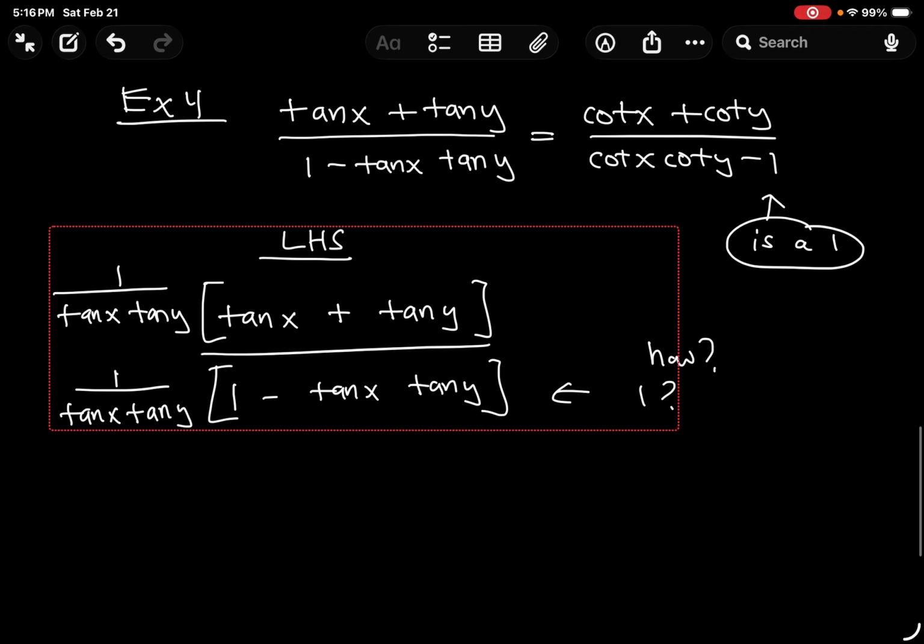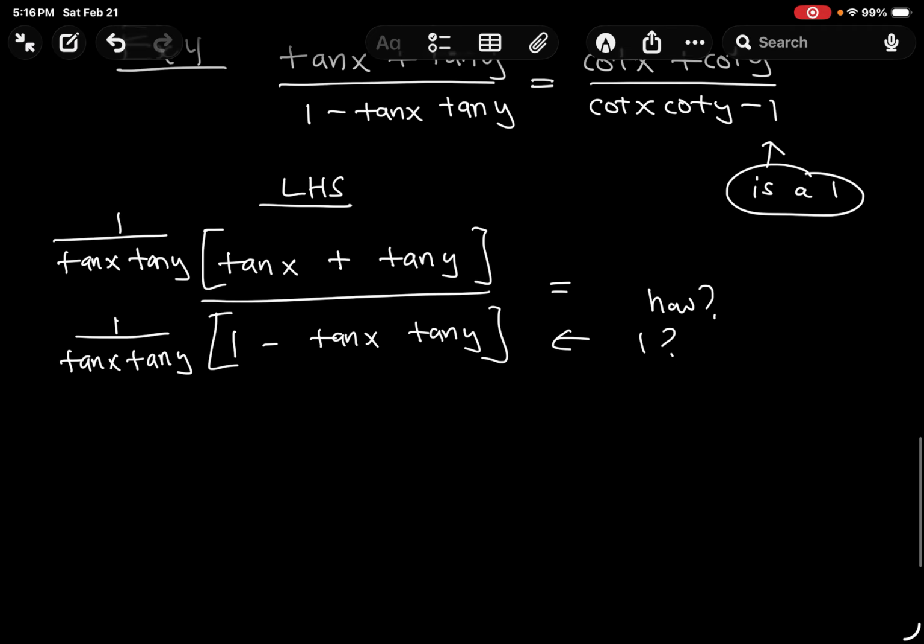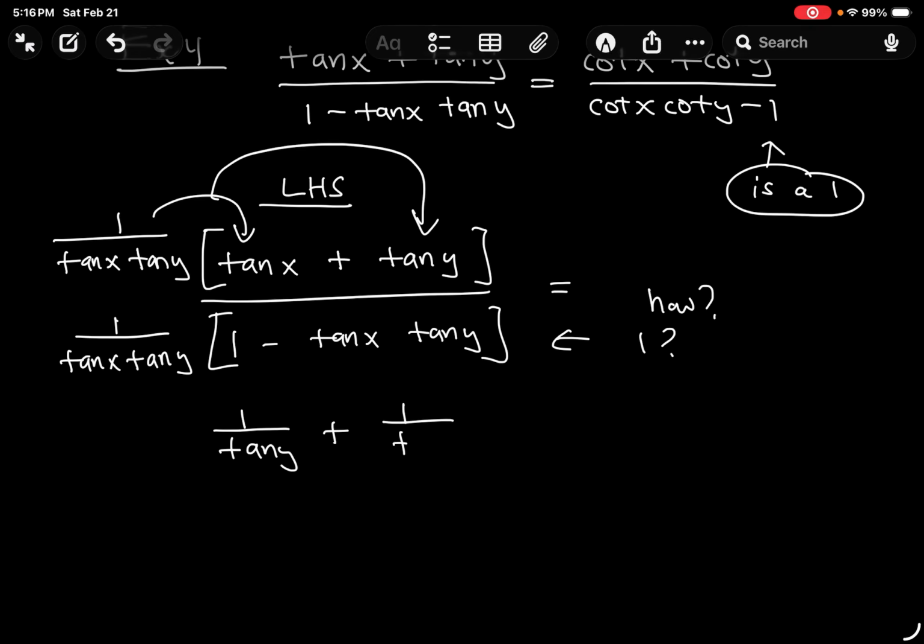And then from here, make sure you write your equal signs. You can start distributing. This times this, the tan x's will cancel out, but you'll still have a 1 over tan y. And then this times this, the tan y's will cancel out. You'll still have a 1 over tan x.